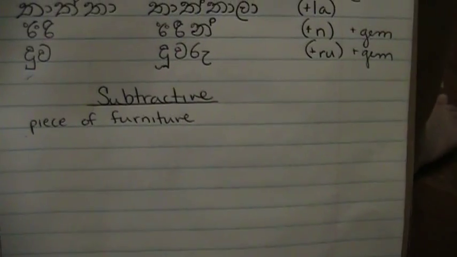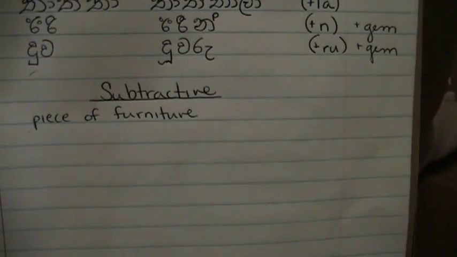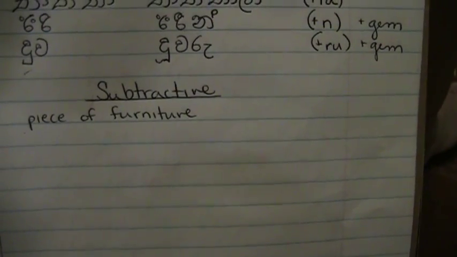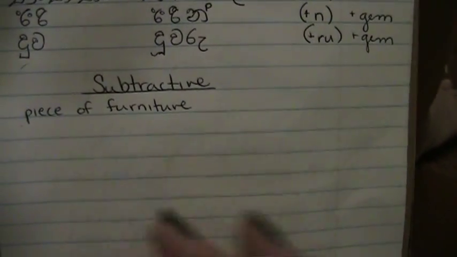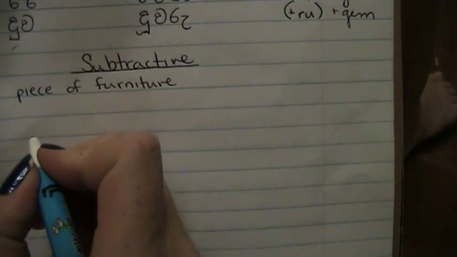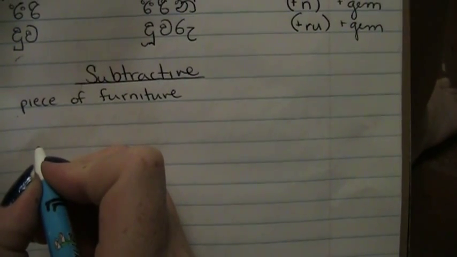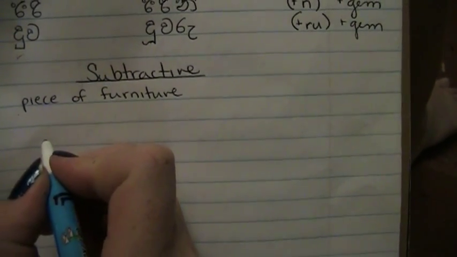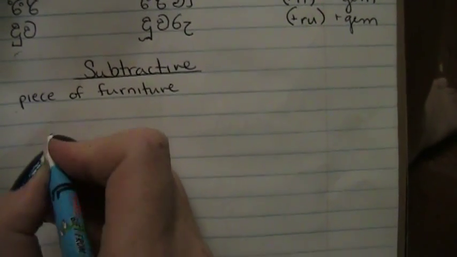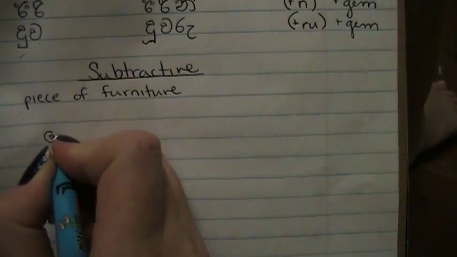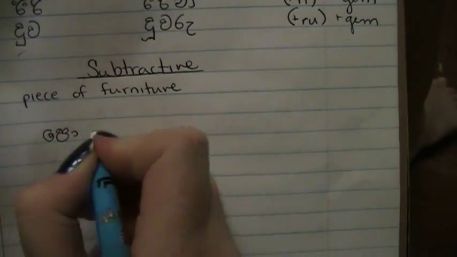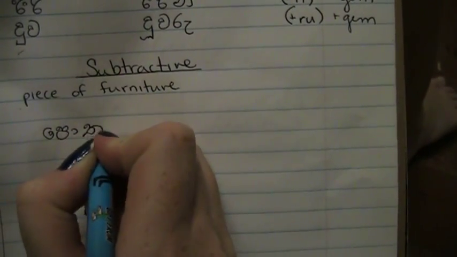The subtractive pattern, however, has a mix of both animate and inanimate. All you do for this one is you just shorten it. So an example would be the word for book, which is pota.